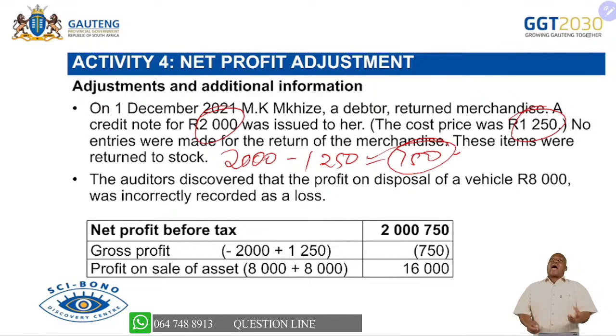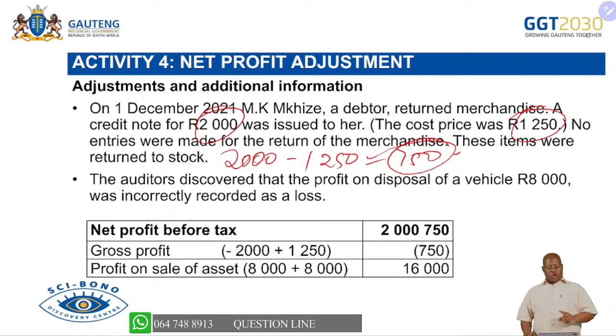When these goods are returned, it means we must reduce our profits by 750. That's exactly what we are doing here. So you can see the 750 is bracketed. Bracketing simply means minus. Remember the question said indicate by plus or minus. So here we are saying minus.